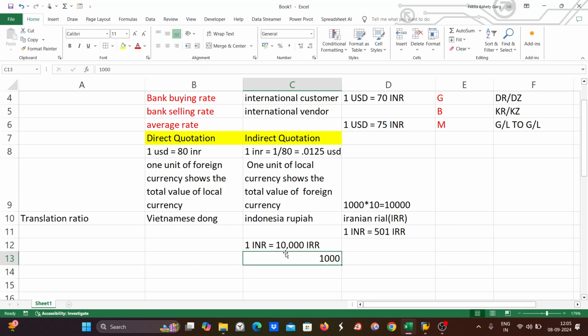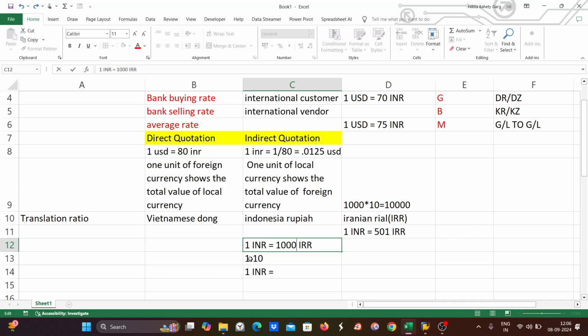Say for example, here I have maintained the rate as 1000, and I maintain the ratio as 1:10, then what will be the final result? 1 INR into 1 will be 1, correct? 1 INR equals 1000.